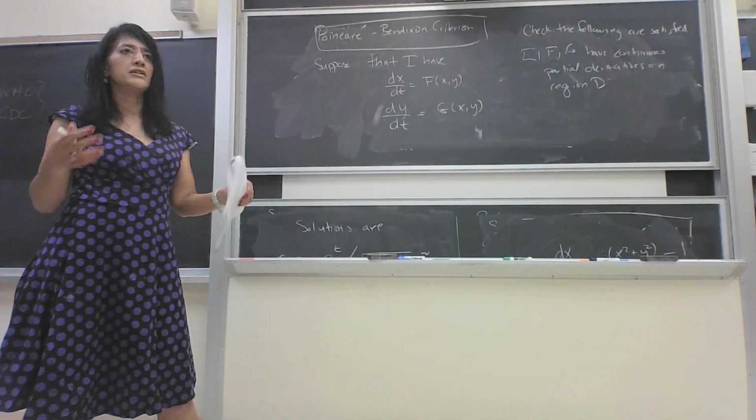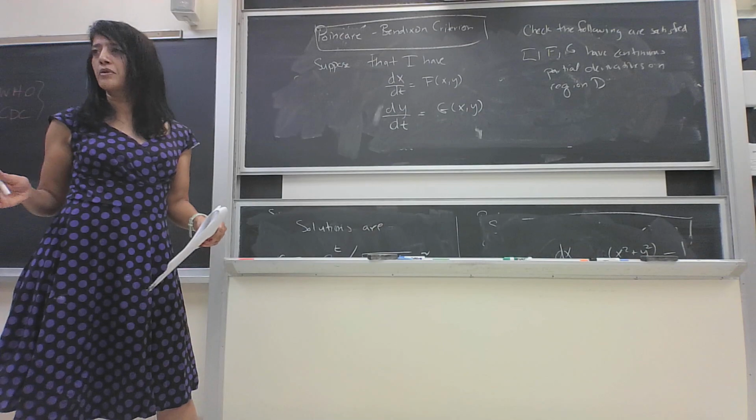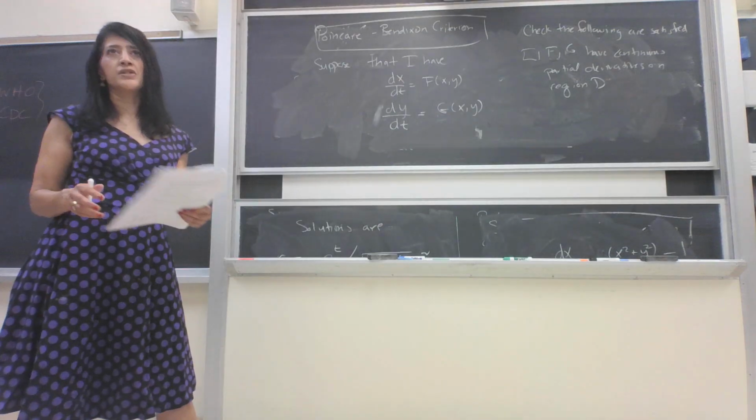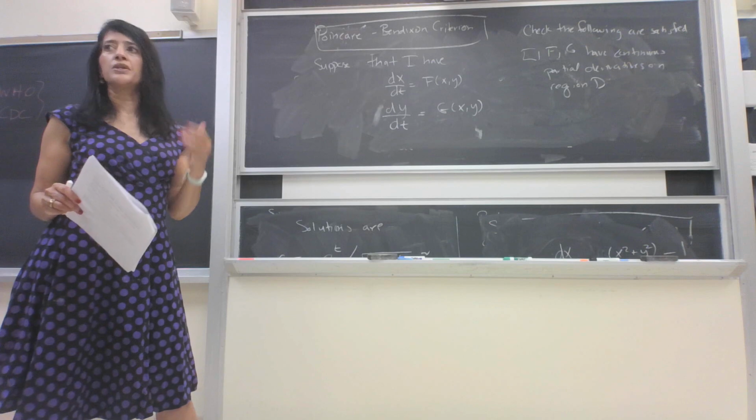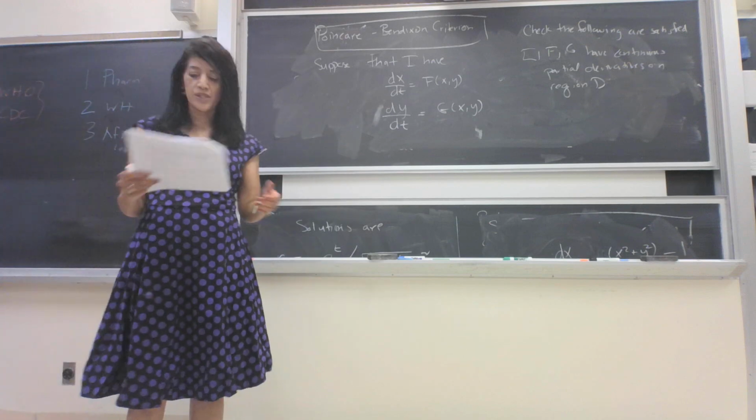Like you don't know the picture, so pretend you don't know the picture. If you don't know the picture, you say, well, I think something might be happening with the unit circle. So let's make my region D the unit circle.